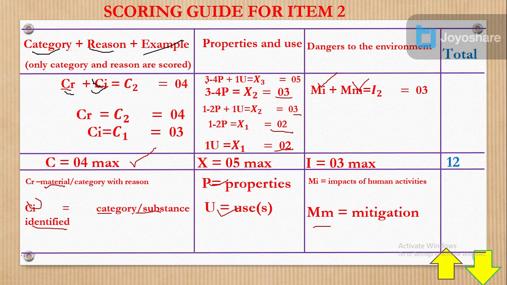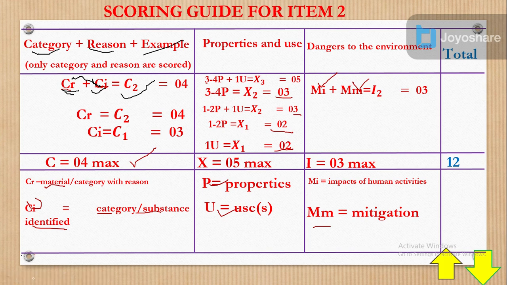That is it. So that will really answer this part. If a student identified natural and artificial, and gave a reason why he is saying natural and artificial, whereby for natural we said wood, rocks, and soil, while for artificial we said paint, plastics, and bars, that's what we mean by category with reason.